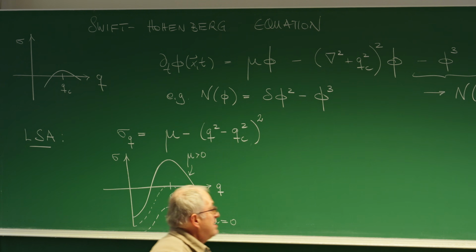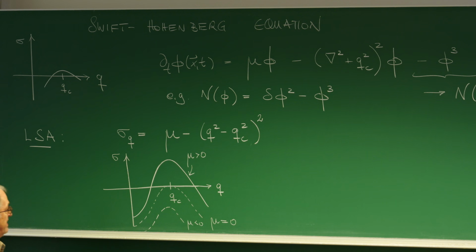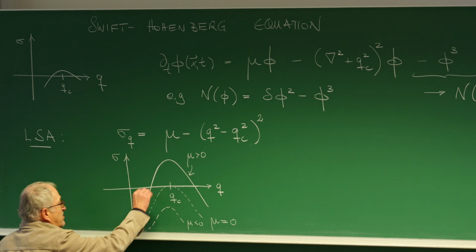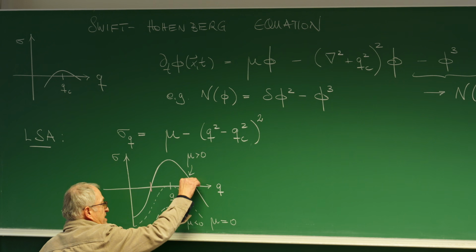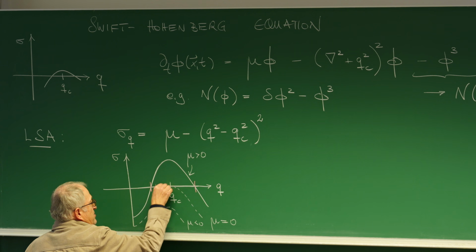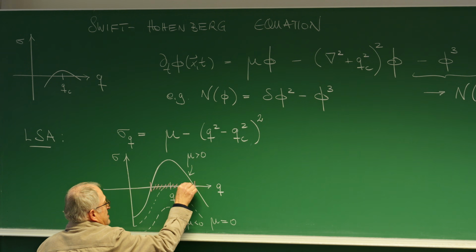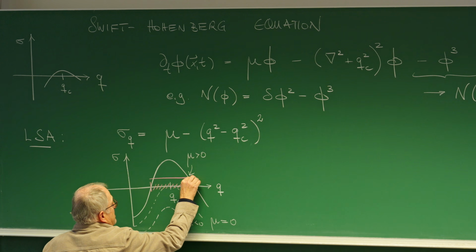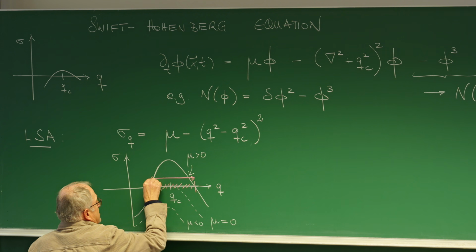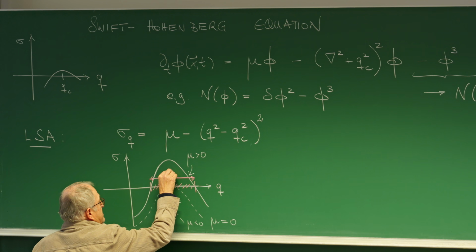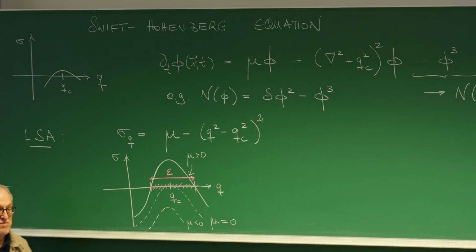Now let us look a bit into the scales that we have here. We do have this band, right? This band of unstable modes between Q1 and Q2. And let's say that we take this as a width parameter that we call epsilon.